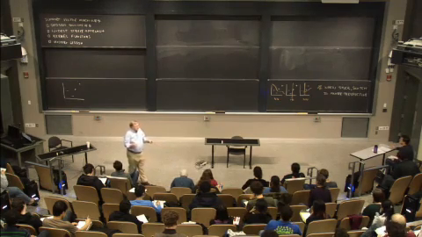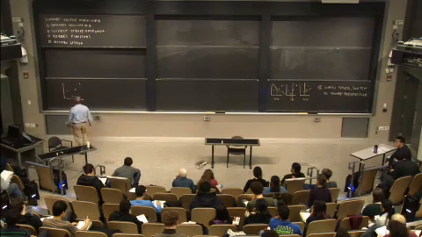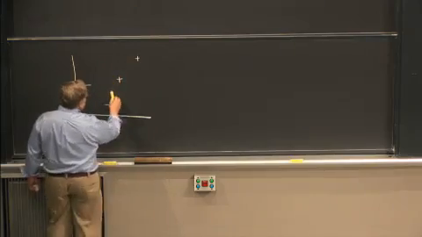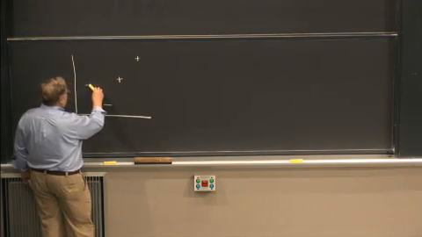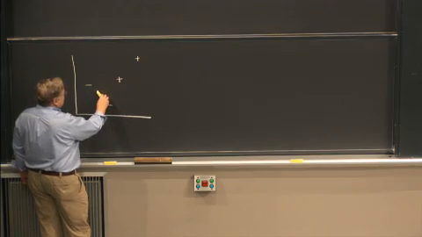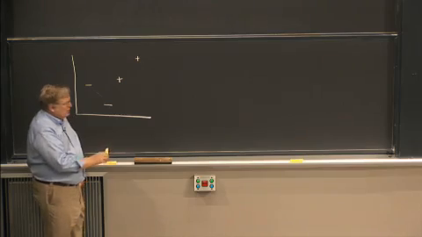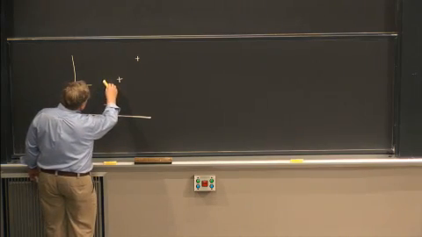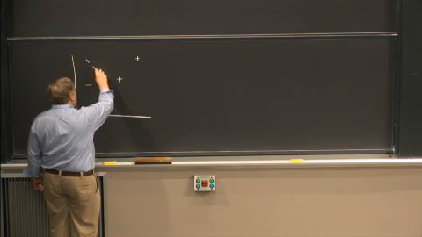Would this be a good straight line? One that went up like that? Probably not so hot. How about one that's just right here? Well, that might separate them, but it seems awfully close to the negative examples. So maybe what we ought to do is draw our straight line in here sort of like this.